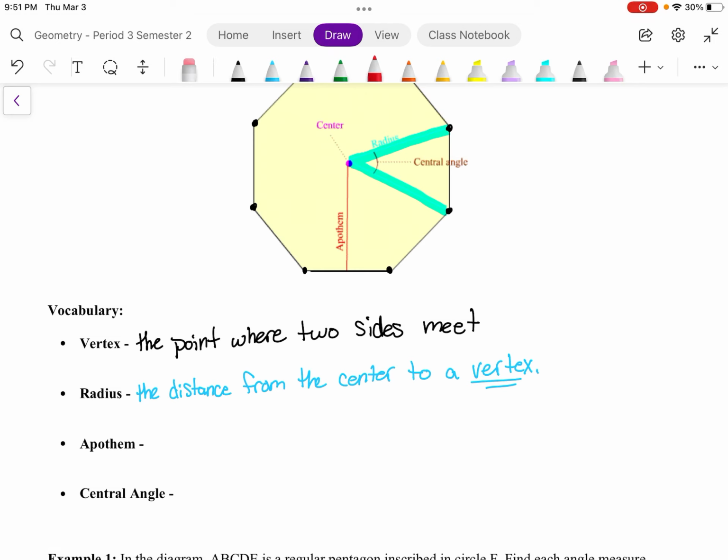So then the next vocabulary word is an apothem. And the apothem is the distance from the center perpendicular to a side length.